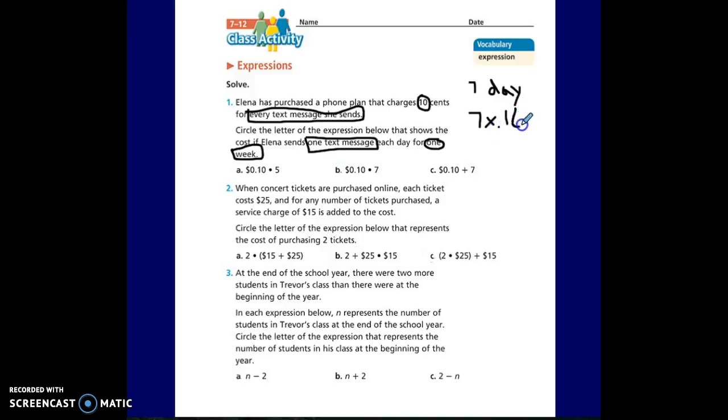And then once I figure that out, I like to check and see if any of those work. So 10 times 5, no, there's 7 days in a week. 10 times 7, yes. And we won't want to add it. That wouldn't give us the right answer. So the correct answer is B. 10 cents times 7 would get us the total cost for 1 week.